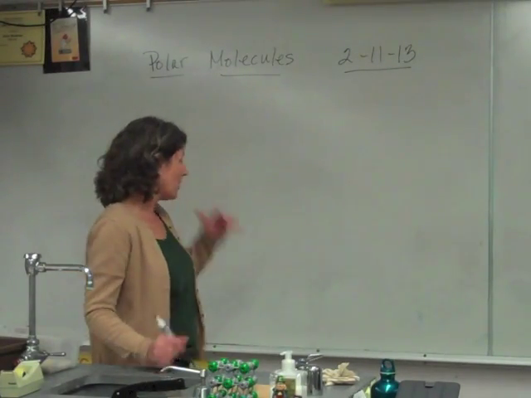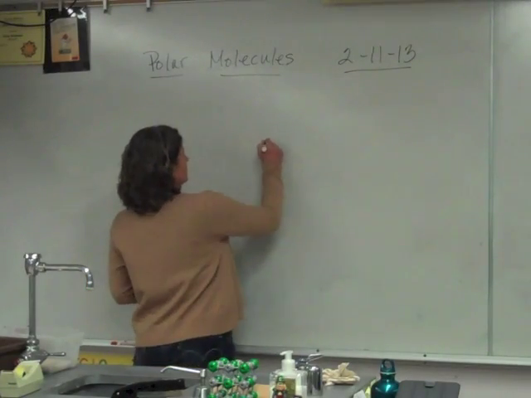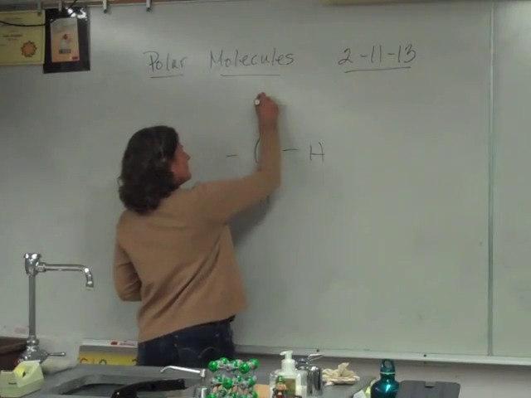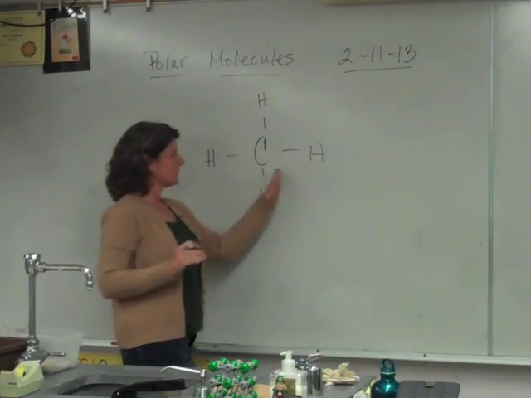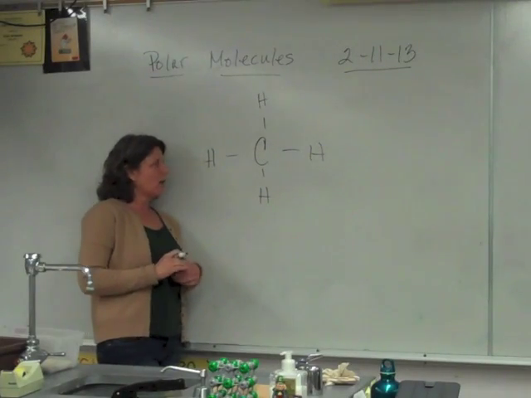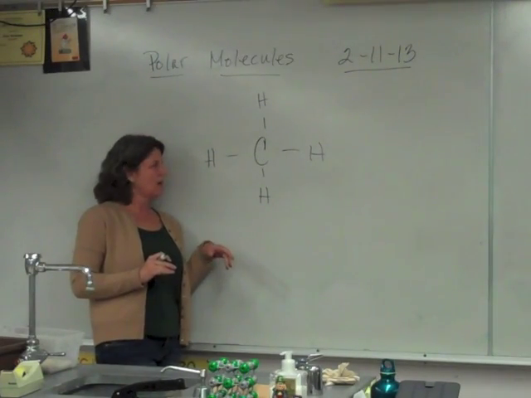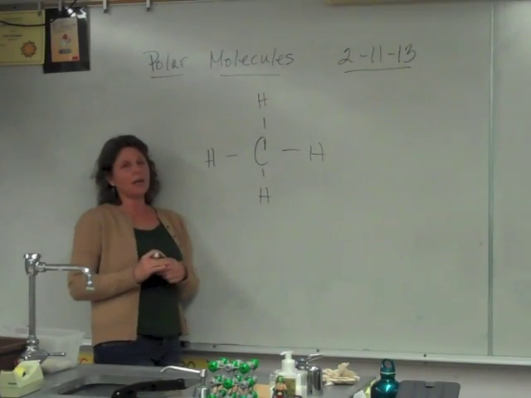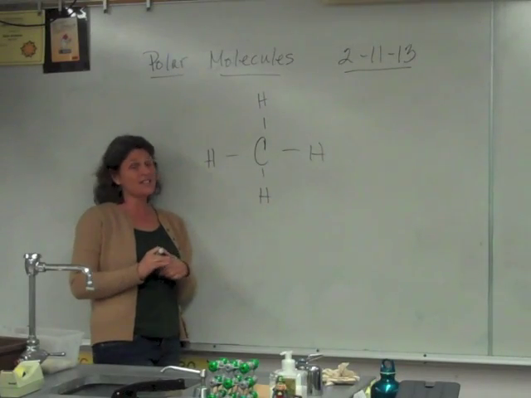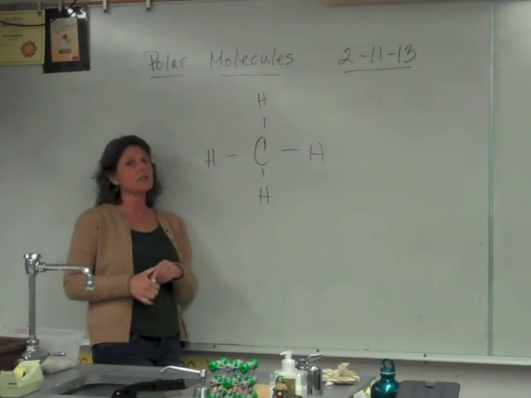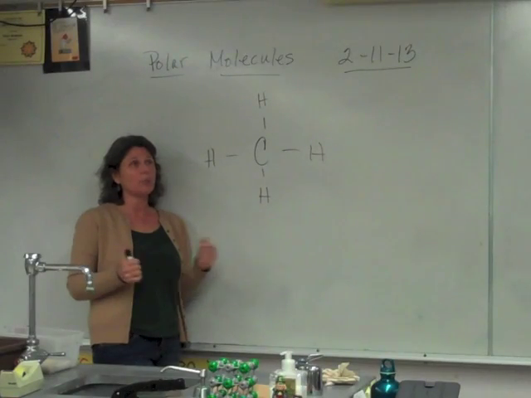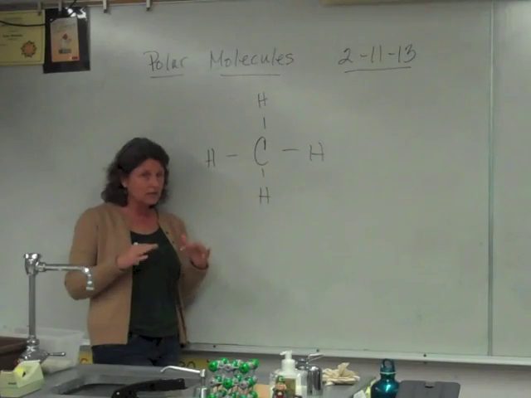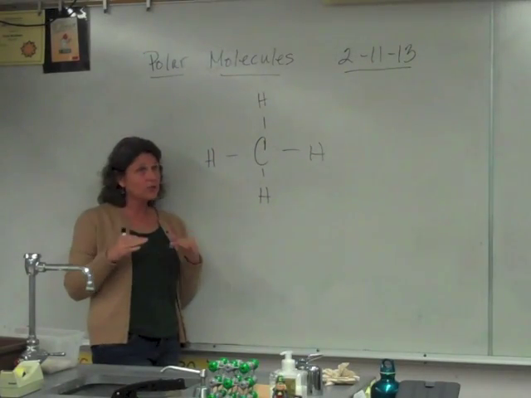So if we look at a molecule like methane, the only kind of bonds that methane has are carbon-hydrogen bonds, right? And the carbon-hydrogen bond is not a polar bond. The difference in electronegativity was 0.45, I think, so less than 0.5, less than that critical threshold.